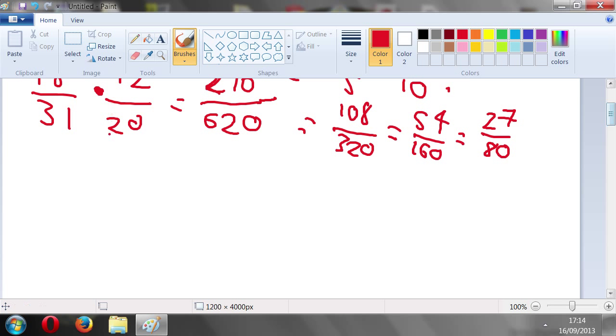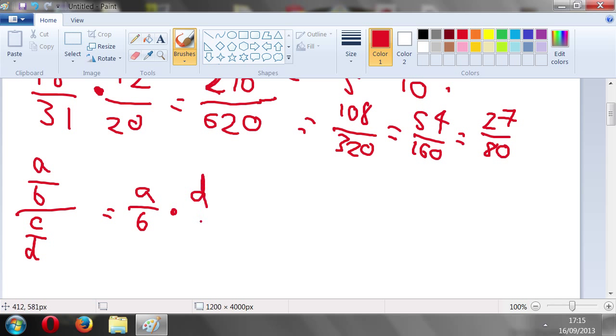The next one is A over B divided by C over D. That's equal to A over B times D over C. It's because of the division here.